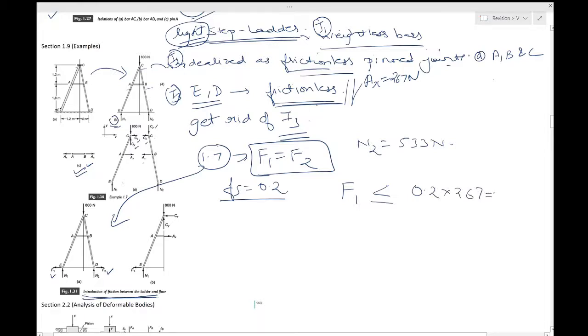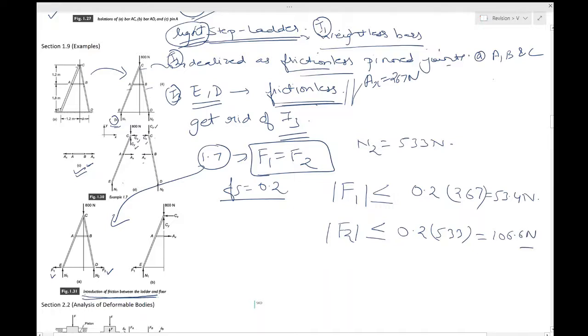That would make it 53.4 newtons, and F2 would be smaller than 0.2 into, oh, I shouldn't be using into, right? We have already gone through this. This should be 533, and this should give you 106.6 newtons.